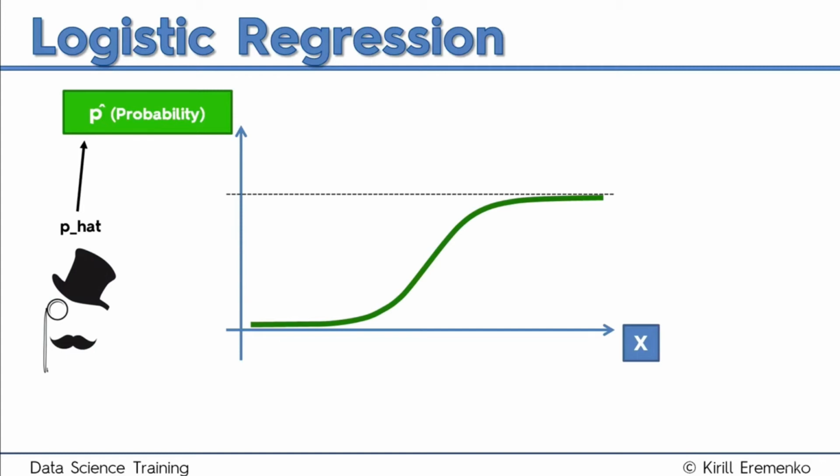That little sign above the p gives it the name p hat. Anything you see with a hat in this section just means that it's something we're predicting. That's a way to remember it, picture p hat. So we're predicting this probability.